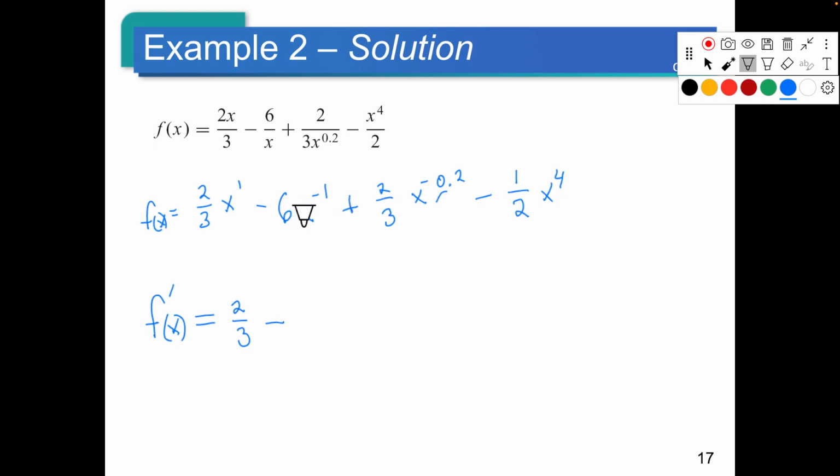Negative 1 times negative 6, so that's going to make it a +6. Subtract 1 from the exponent. Sometimes I like to write it up there, so that's x to the -2. Again, that's one where I could have some problems, because maybe I think that's 0. So take the ones from the denominator, move them up, use the negative exponents. Okay, then we've got 2/3 times negative.